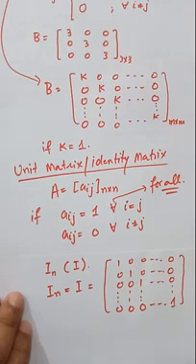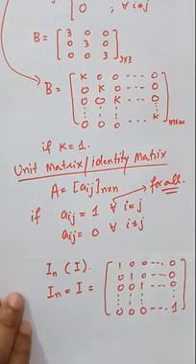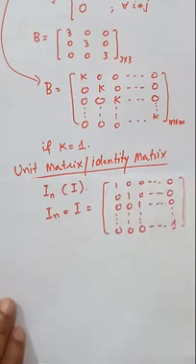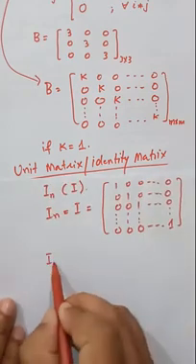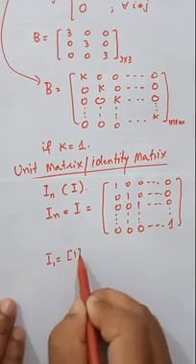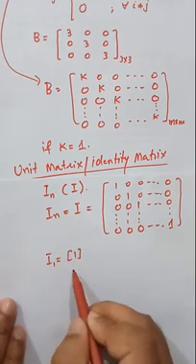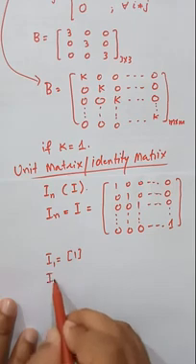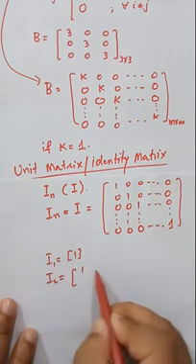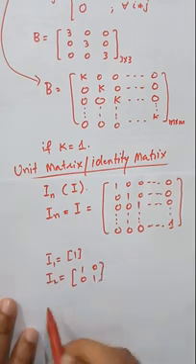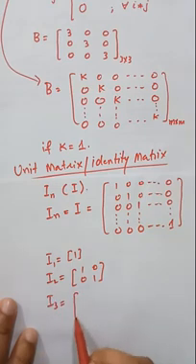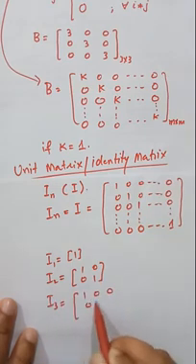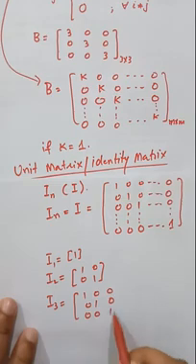Such a scalar matrix is said to be an identity matrix. So I_1 is an identity matrix of order 1. The identity matrix of order 2 will be 1 0 0 1. The identity matrix of order 3 is 1 0 0, 0 1 0, 0 0 1.